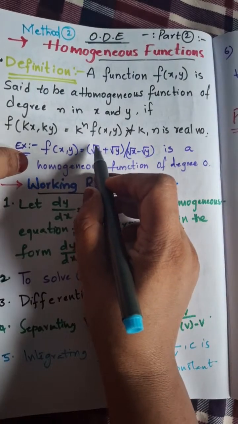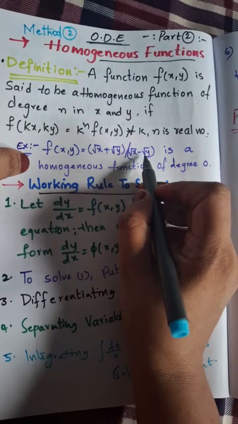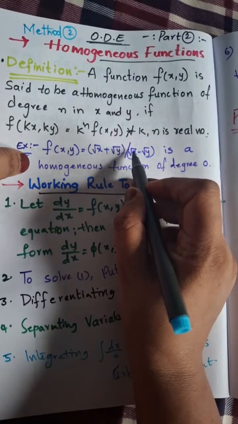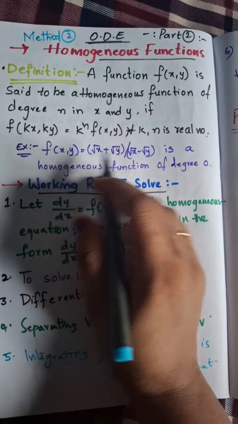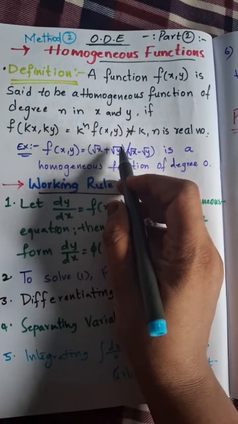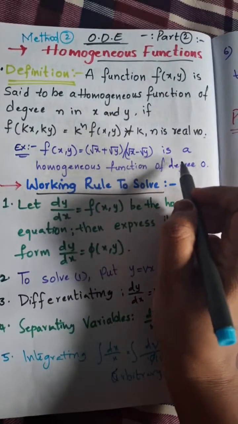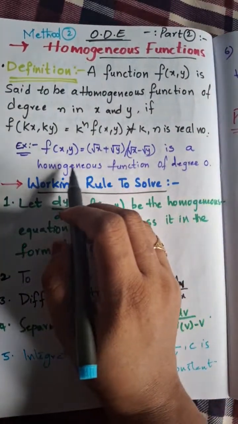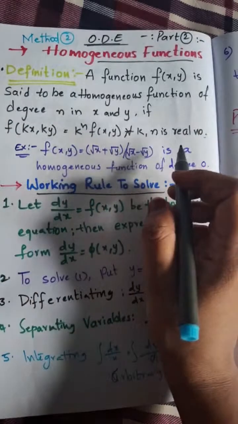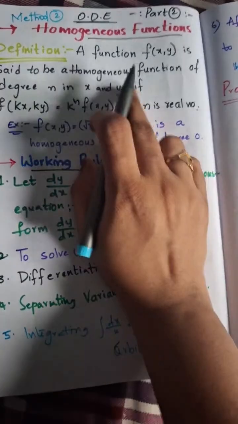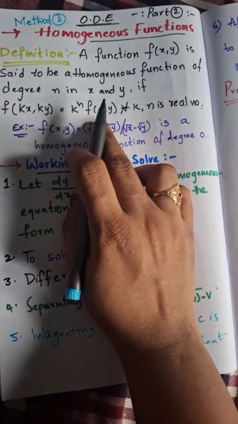In the numerator we get x power 1 by 2 and y power 1 by 2, and the denominator also has x power 1 by 2 and y power 1 by 2. The x power 1 by 2 terms cancel and the y power 1 by 2 terms cancel, so we get degree 0. Like this, the function is said to be homogeneous. Now we have to check whether the given example is homogeneous or not.